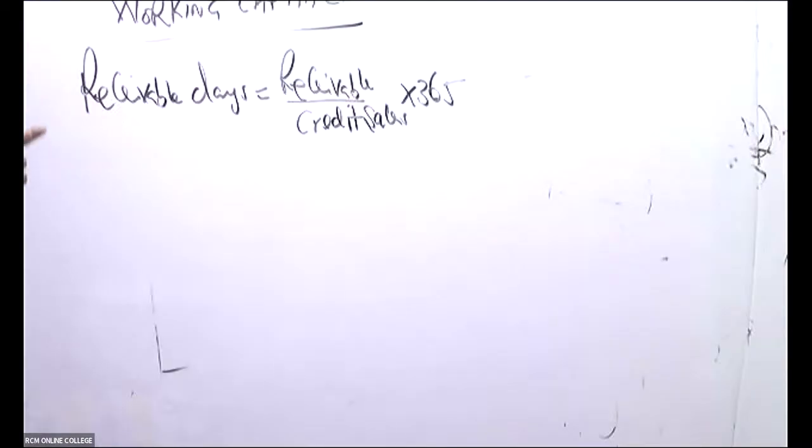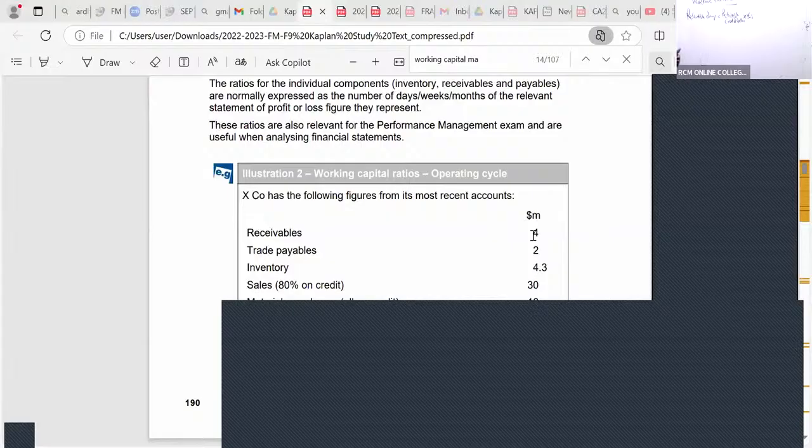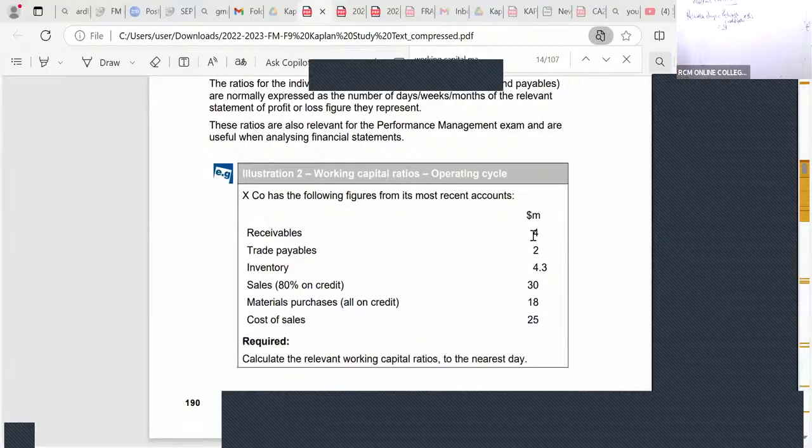So anytime you want to get receivable days, you shall take the receivable given. You divide this by the total credit sales. And then whatever you get, you multiply with 365. Fortunately, in this question we have receivables of 4.